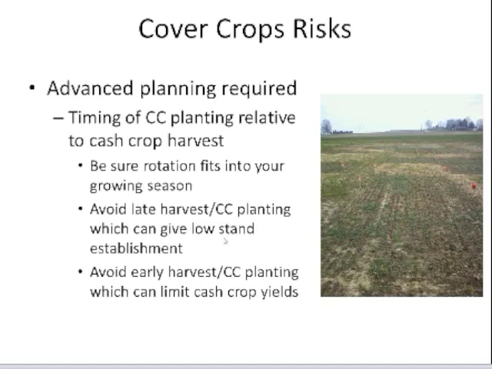This past year we were able to plant in early September, and we got a great stand, and we were able to really fill up the soil with the very thick root of the tillage radish, such that there was essentially no visible soil surface in those fields where we planted the tillage radish.